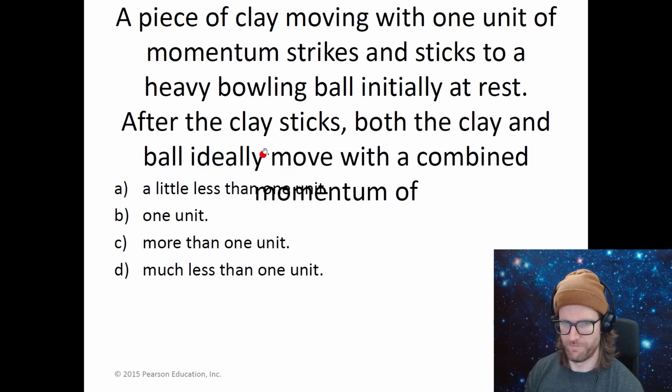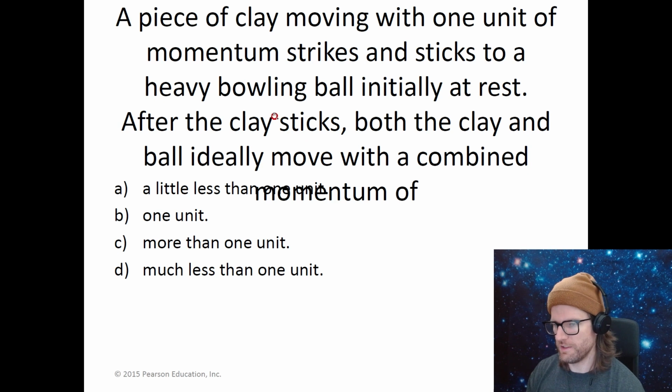There we go. A piece of clay moving with 1 unit of momentum strikes and sticks to a heavy bowling ball initially at rest. After the clay sticks, both the clay and the ball ideally move with a combined momentum of... Okay, let's read that one more time. So we're assuming the clay is much smaller than the heavy bowling ball.